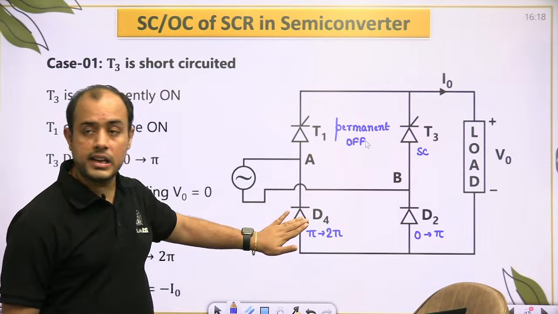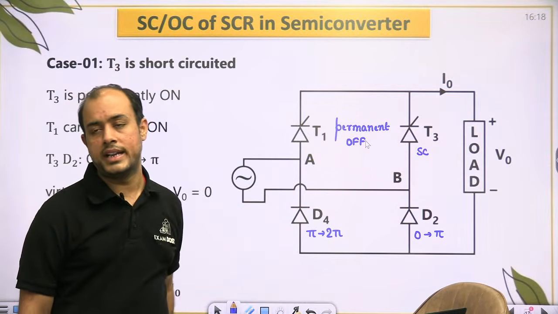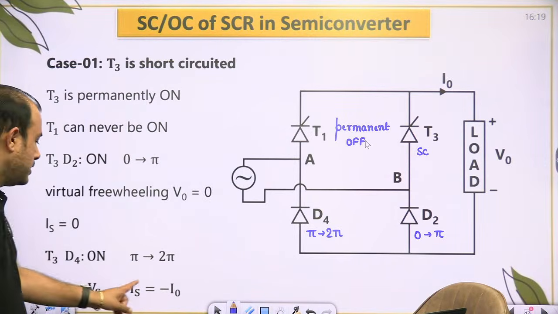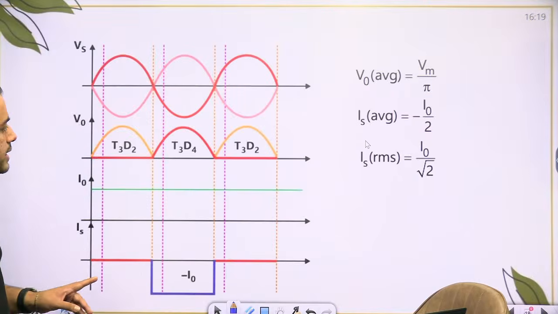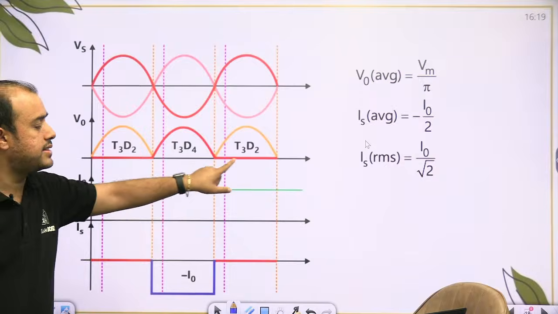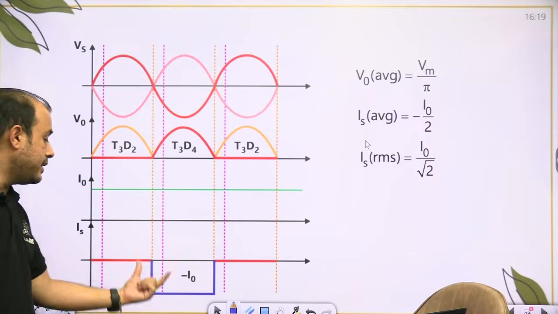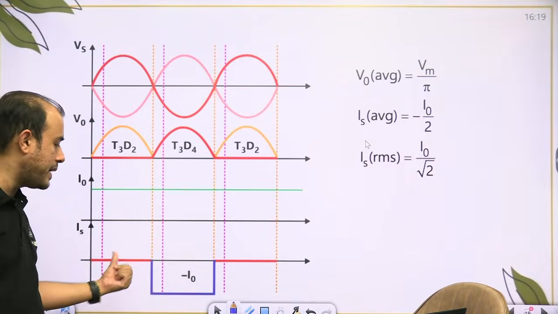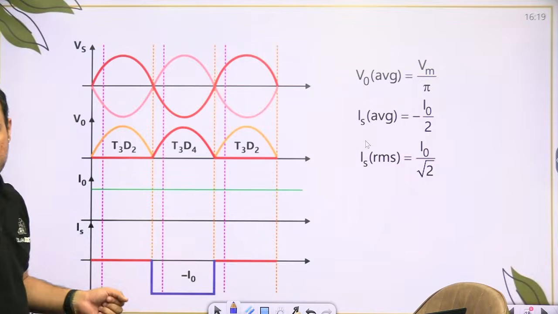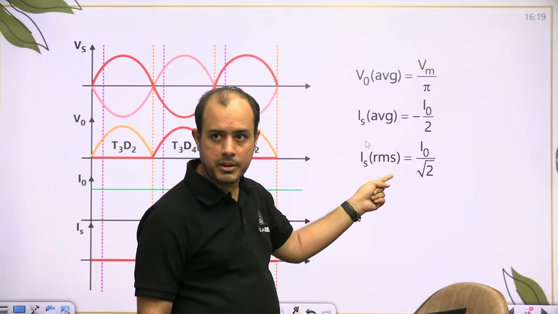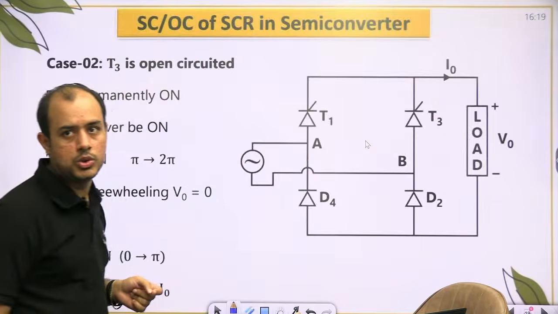T3 D4 will conduct from pi to 2 pi, V0 is minus Vs, Is is minus I0. So 0 to pi it is 0, pi to 2 pi minus Vs, and Is is minus I0 from pi to 2 pi. So V average is Vm by pi, Is average minus I0 by 2, RMS I0 by root 2.